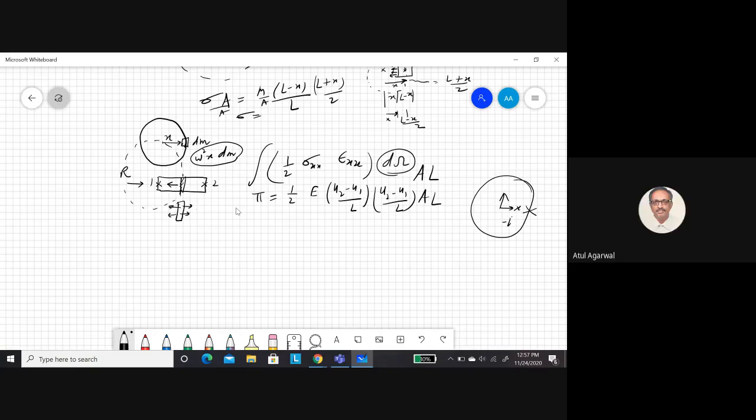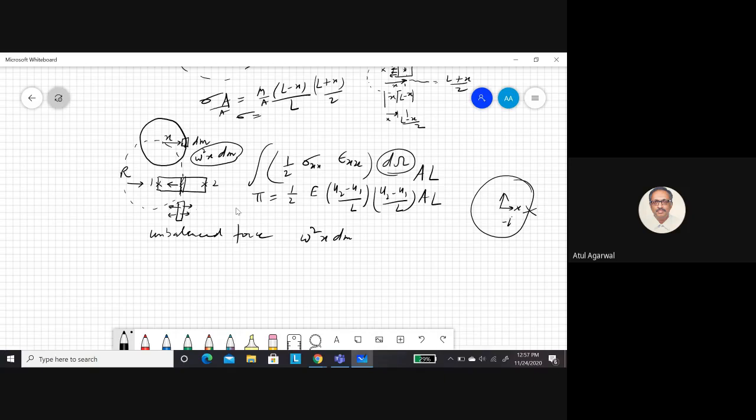What is the value of this force? It is dm omega square x. Very good. So this unbalanced force is omega square x dm, and this force is acting towards the center.